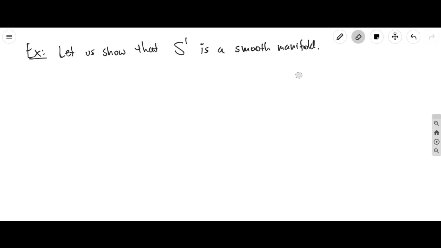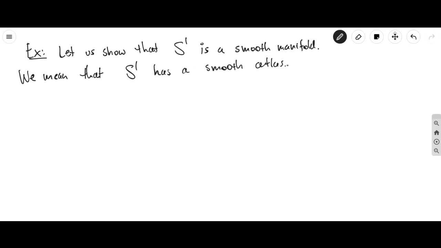How can we say it's a smooth manifold? When we say a topological space is a smooth manifold, what we mean is that S1 has a smooth atlas. That you can find a smooth atlas for it. You can maybe find a million different smooth atlases, but when we say that something is a smooth manifold, we just mean that you can put on it an atlas that has that smooth property.